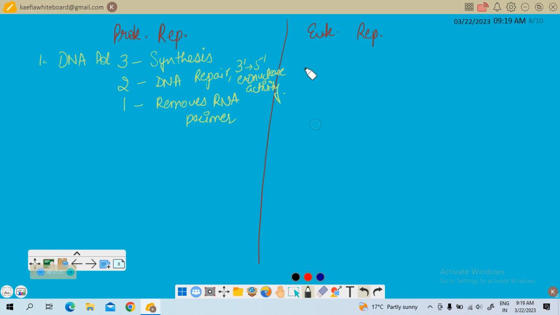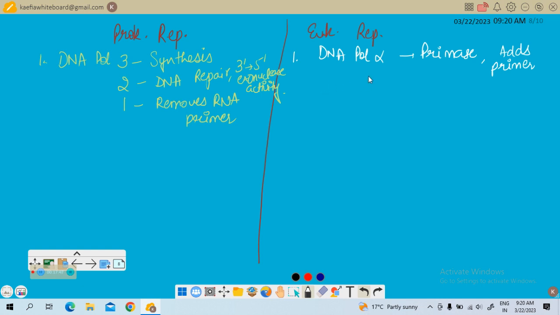Whereas if I see eukaryotic replication, we have DNA polymerase alpha. Alpha acts as primase, adds primer, and it adds the first nucleotides. It adds 20 nucleotides, right?